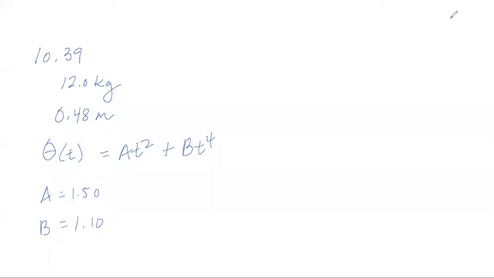Okay, if we need a value in radians, a's got to be radians per second squared, and b's got to be radians per second to the fourth. Okay, so find the angular momentum of the sphere, and that would be L equals I omega. Omega is d theta dt.